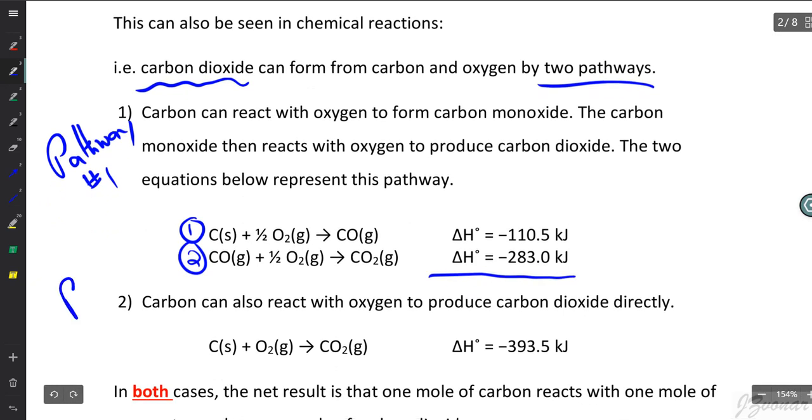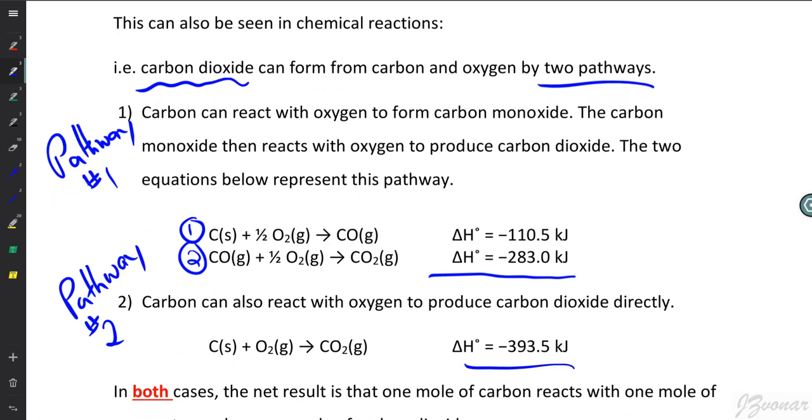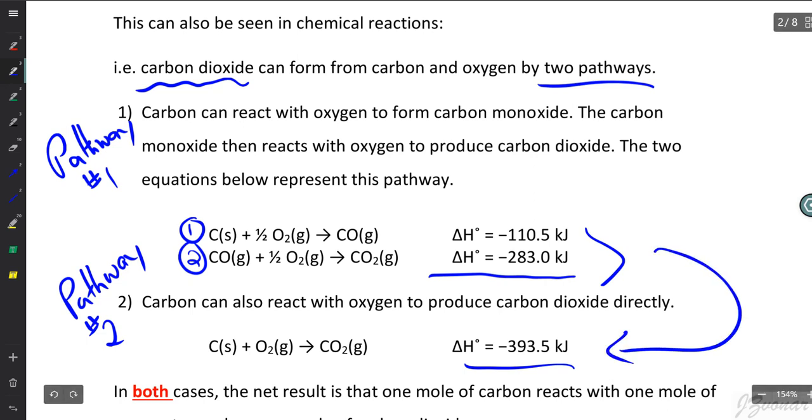Now in the second pathway, carbon can react in one step directly, where carbon plus oxygen produces carbon dioxide. Its delta H value is negative 393.5. If we look at these two reactions, we'll notice that in pathway 1, if I add up the two delta H values, it is going to equal negative 393.5.